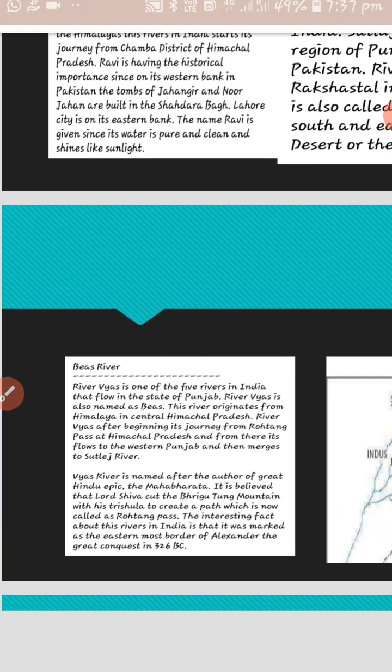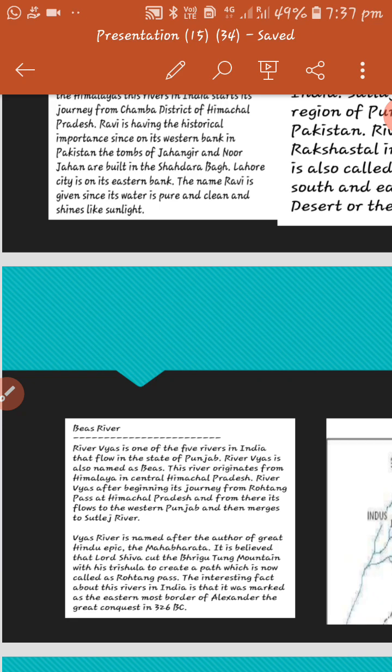Now, Beas. River Beas is one of the 5 rivers in India and flows in the state of Punjab.